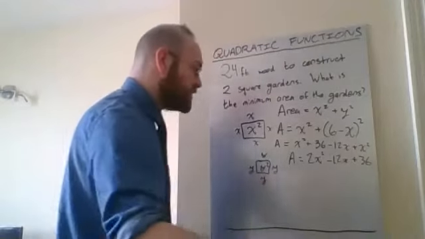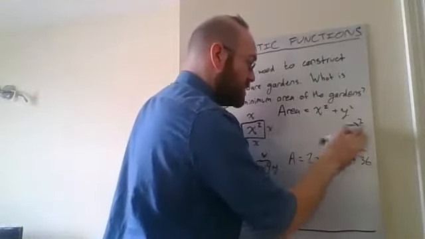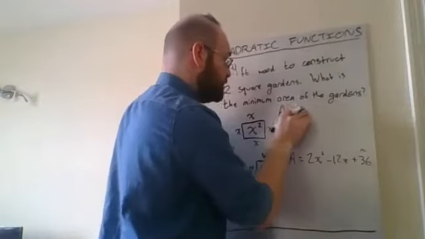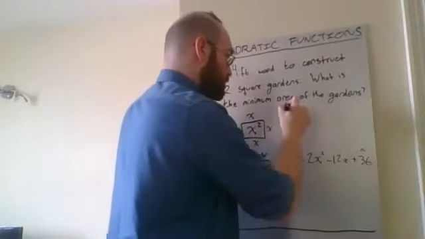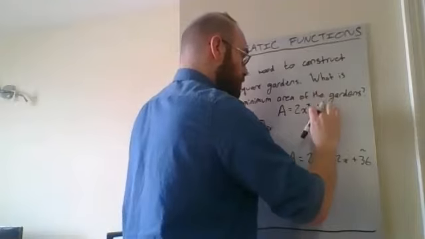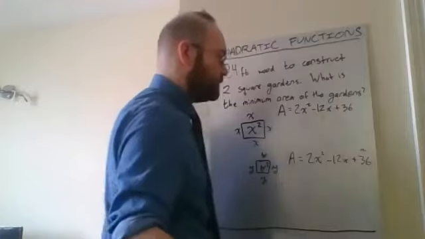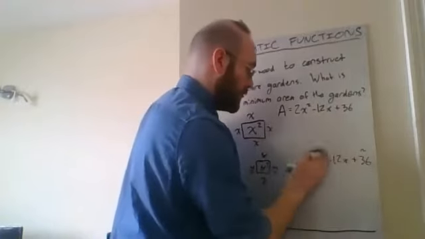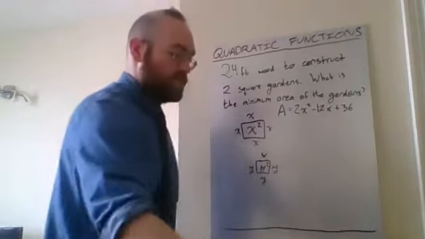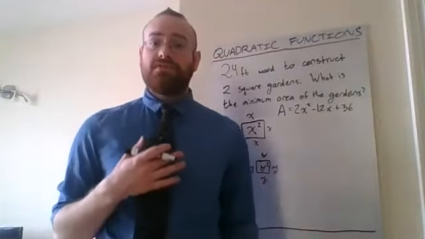So I'm going to clear up some space here by writing this equation up a little further. So area is equal to 2x squared minus 12x plus 36. To find the minimum, we first need to know the vertex.